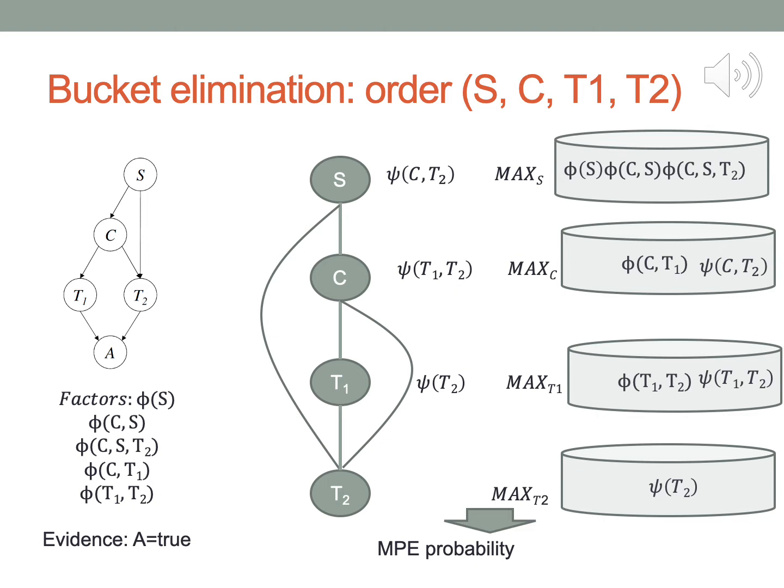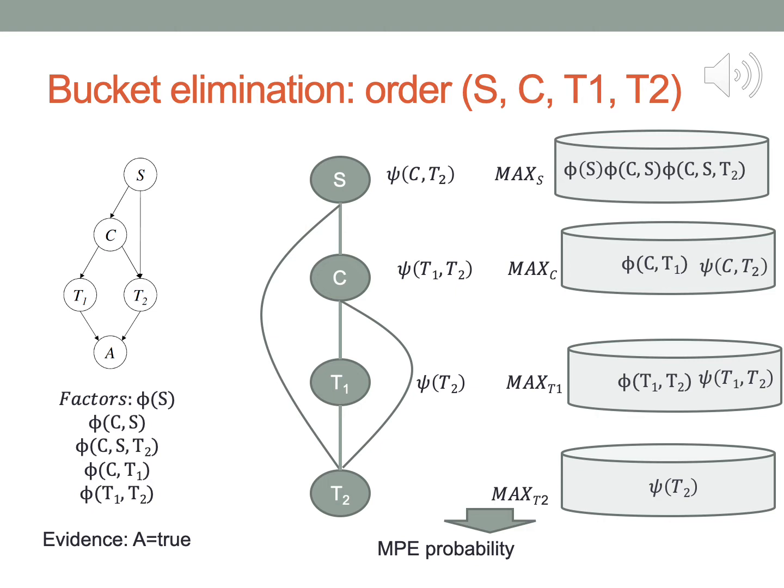Then we take each function, and remember that we are using evidence instantiated CPTs or factors, and we put each one of these evidence instantiated CPTs in the first bucket along the order that mentions a variable in the function.